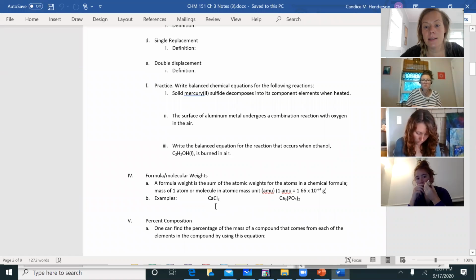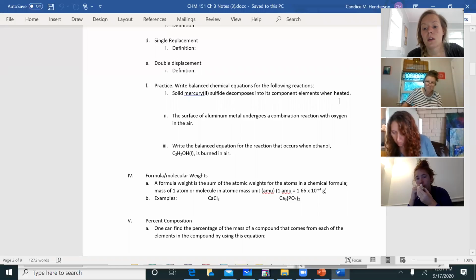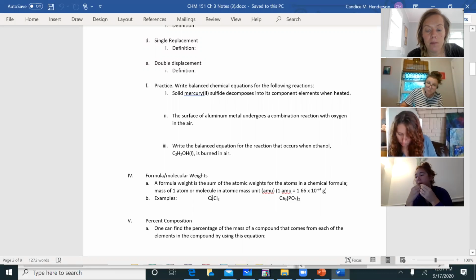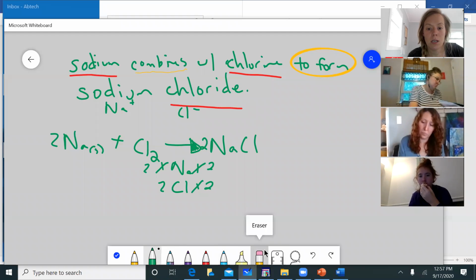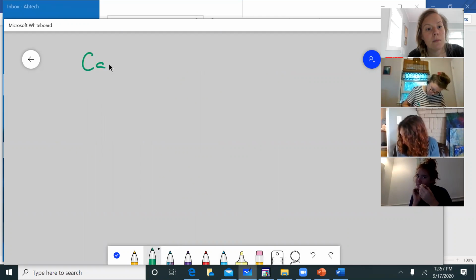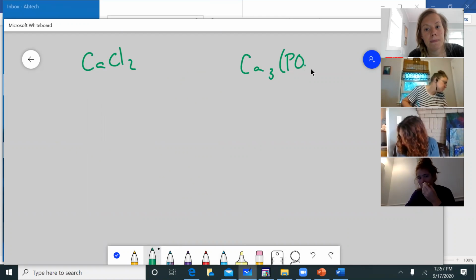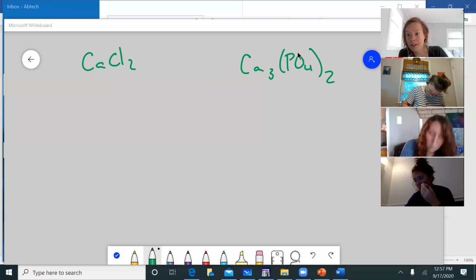So we've got CaCl2, and then we've got Ca3(PO4)2. So I'm going to transfer those over to my whiteboard because it's hard to read them here. So we've got calcium chloride and calcium phosphate. So go ahead and figure out the masses for each of those molecules. You will need a periodic chart and a calculator.